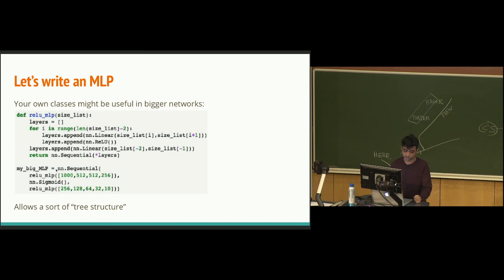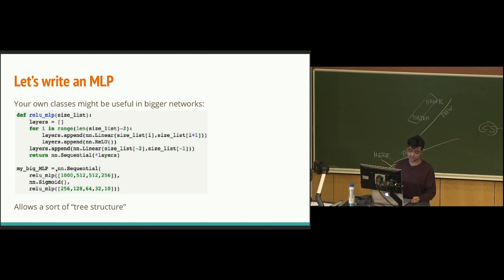Again, when you write your own neural network, these are just some tricks. Like you don't want to hard code the values. So here, ReLU MLP is a class which returns a neural network, and it takes in as input a list of sizes. So these are the sizes of the different hidden layers, and you basically append a linear layer in the layers array, and then you return a sequential network depending on the input which it got.